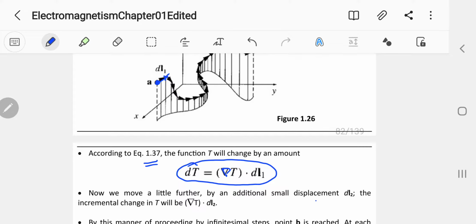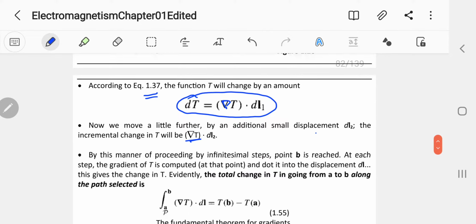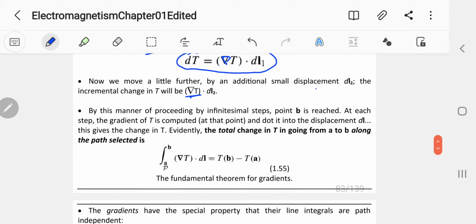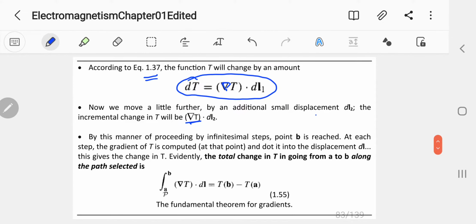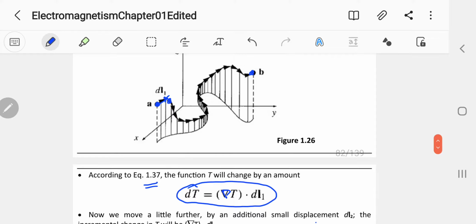And then if you move further by a small amount dl2 here, the incremental change in T will be del T dot dl2. So by proceeding in this manner by infinitesimal steps, point B will be reached.